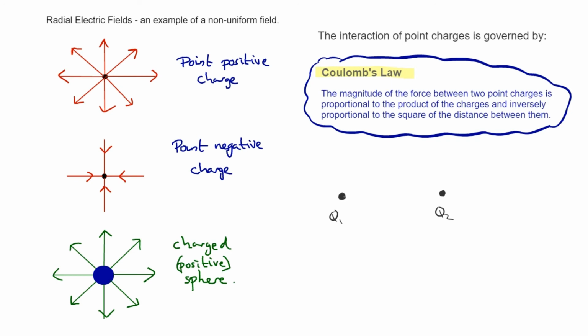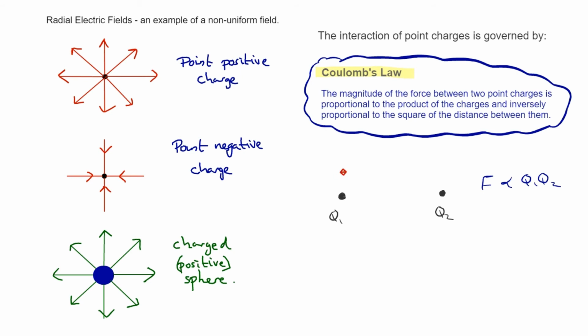First of all then, what Coulomb's law tells us is that the force between these is proportional to the product of the two charges. So it's proportional to Q1 times Q2. That's the first thing. The second thing that we said is that it's inversely proportional to the square of the distance between them.